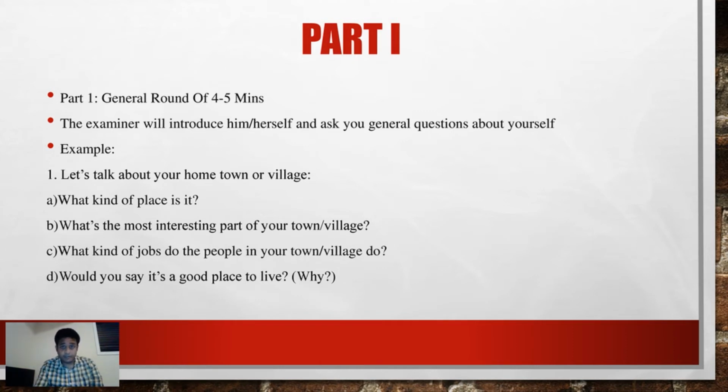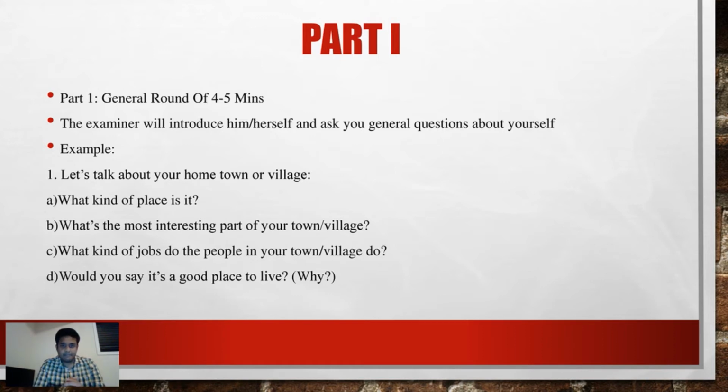So you present your passport, you sit down, and the examiner introduces himself or herself and switches on a recorder to record your voice. For the entire duration of the test, your voice is recorded. She turns on the recorder and tells you that you are starting the test now. So that's part one: generic questions about yourself.